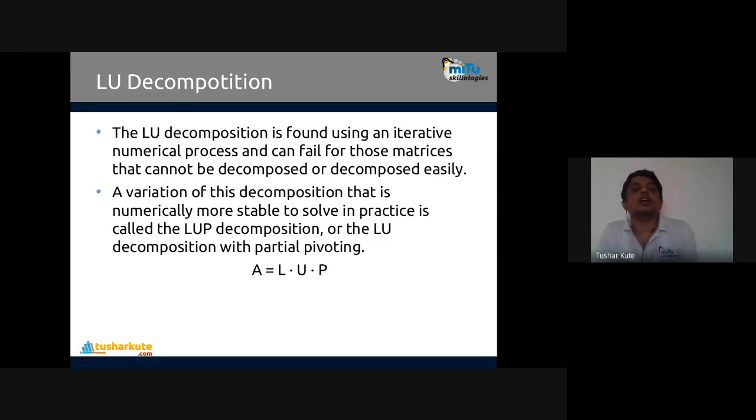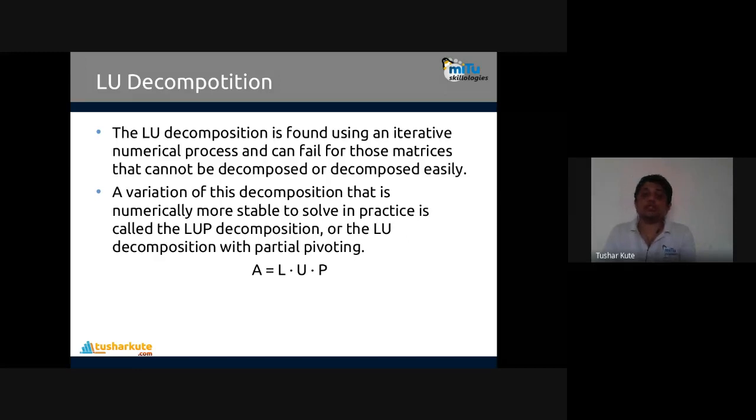LU decomposition is found using an iterative numerical process and can fail for those matrices that cannot be decomposed, or cannot be decomposed easily. Iterative means you can do it multiple times: first, then second, then third, fourth, fifth, like a for loop. For example, if 10 iterations are there, we perform the operation 10 times. So it's an iterative process that we can perform.